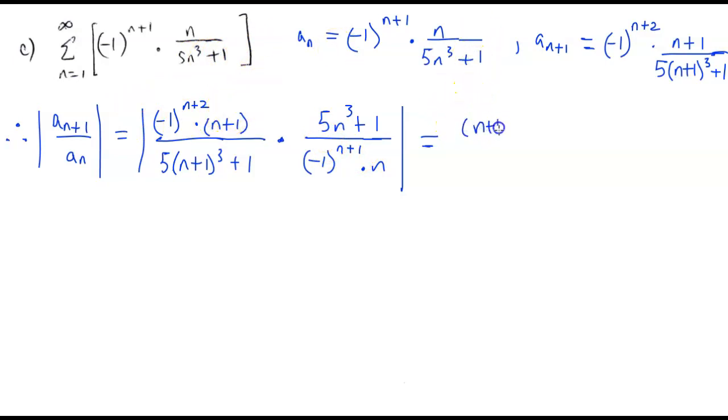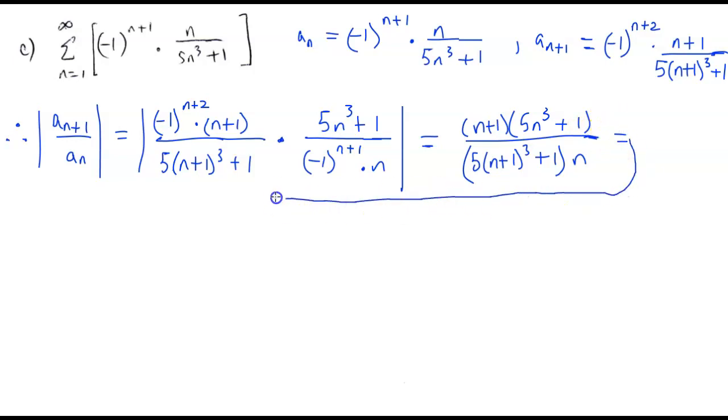What we're left with is n plus 1 times 5n cubed plus 1, all over 5 times n plus 1 cubed plus 1, and all of that times n. Now we need to simplify what we have so that we can take the limit.